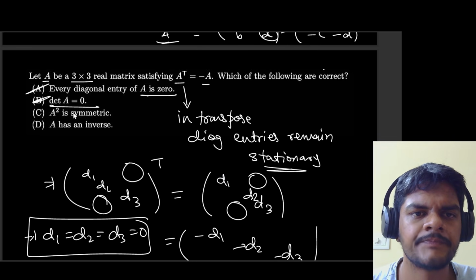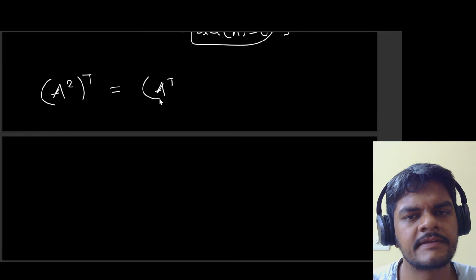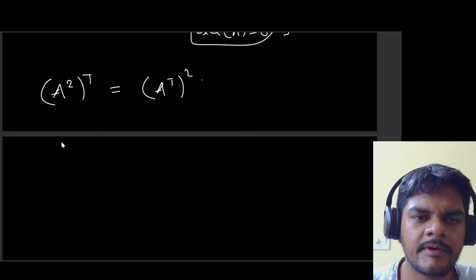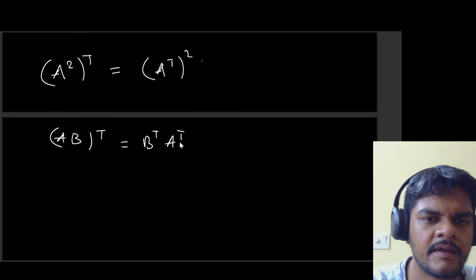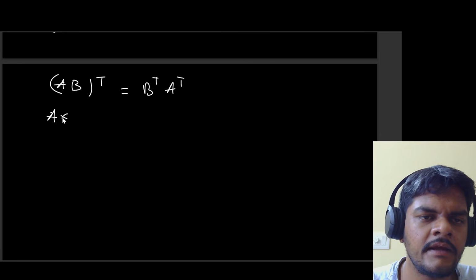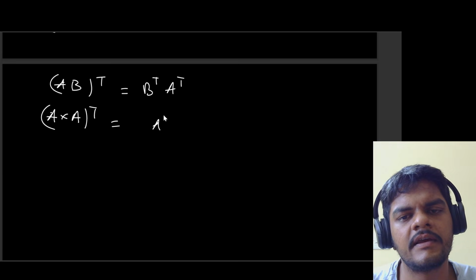No problem. A square is symmetric. One thing you need to know: A square whole transpose is the same as A transpose whole square. Why is that? Because we know AB whole transpose is B transpose A transpose. So A into A whole transpose is equal to A transpose A transpose, which is A transpose square.